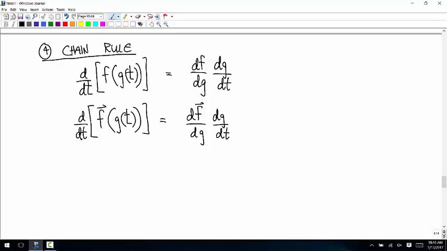And the most common way that this is going to come up is in dynamics. So the chain rule comes up in dynamics like this.